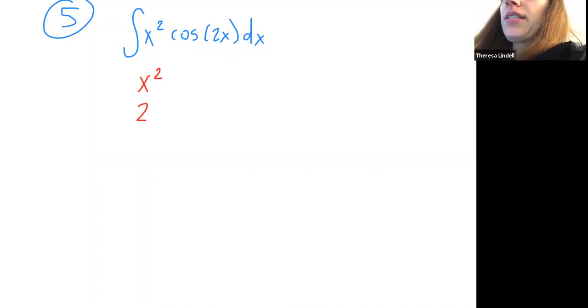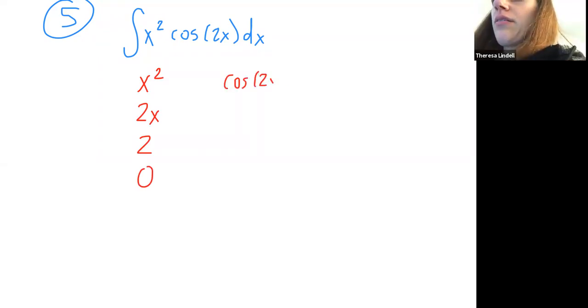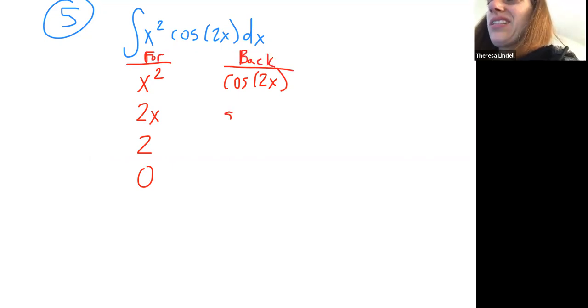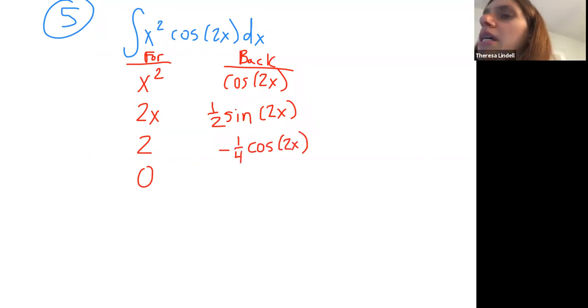X squared, cosine 2x, and then these are where you go. This is forwards. This is backwards. Backwards from cosine is sine 2x, but you have to attach a 1/2. Backwards from that is negative cosine, but you have to attach another 1/2, so it's 1/4. And that's what got some people is attaching things.